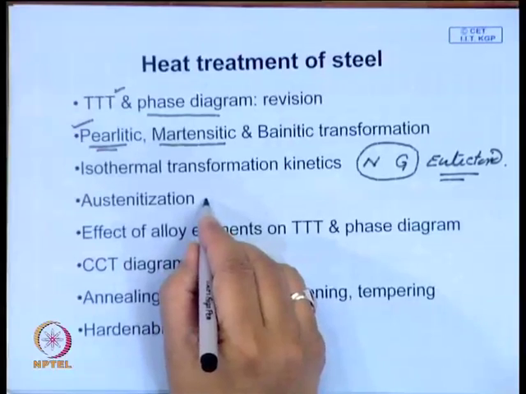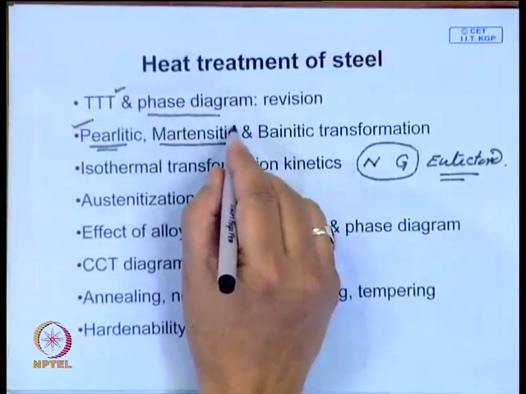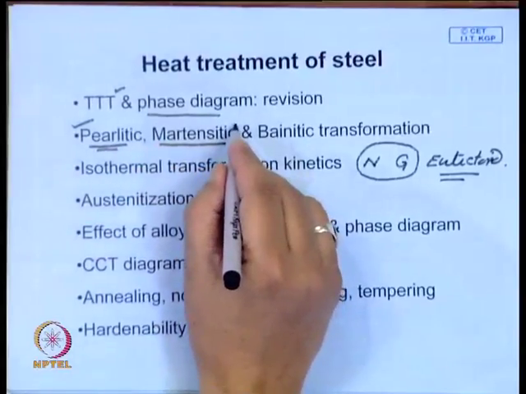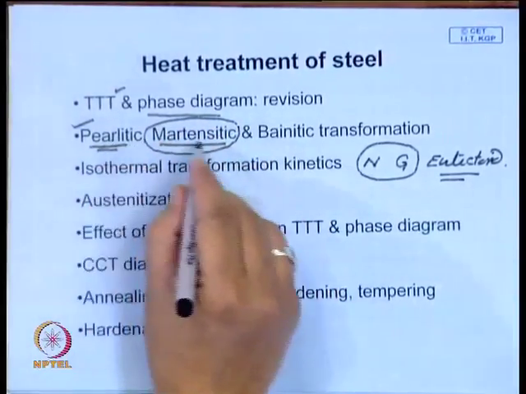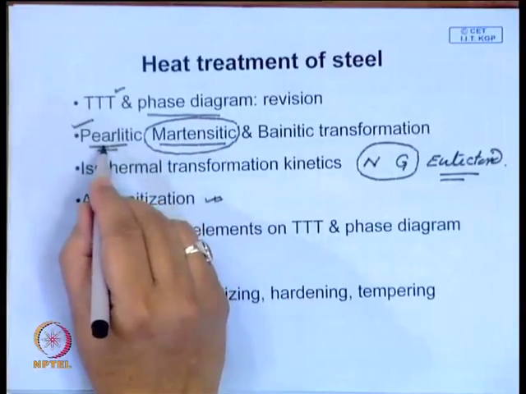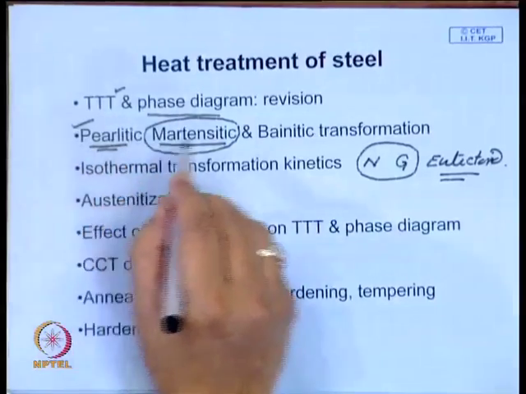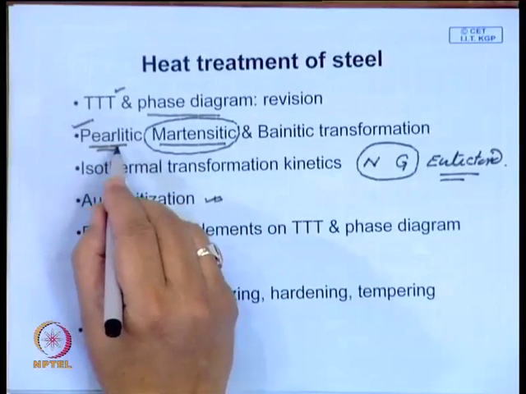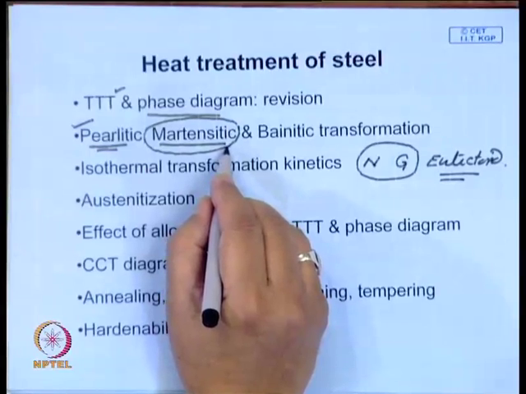We will also look at this partly, and today there are certain characteristics of martensitic transformation which are worth recalling. These are the two extreme kinds of transformation that take place. In Pearlitic transformation, you have very long range diffusion, and this is controlled by nucleation and growth. In the other extreme case, there is no diffusion; it is a diffusionless transformation.